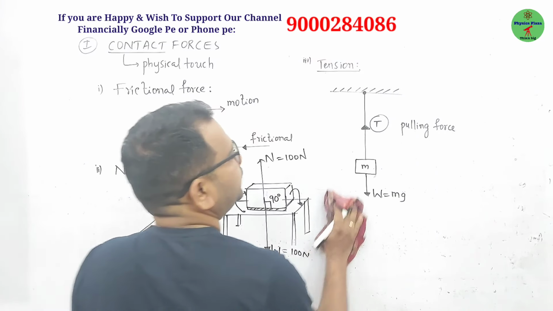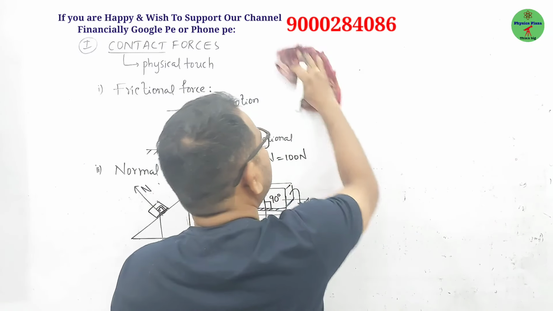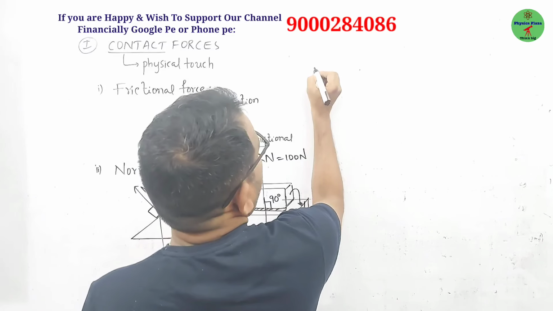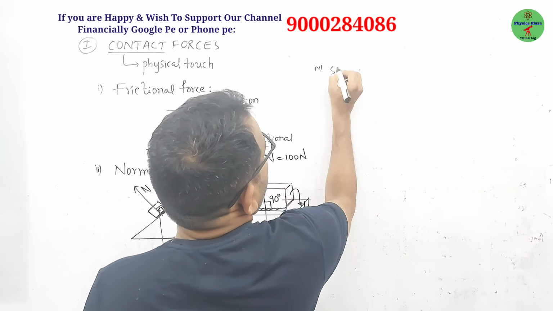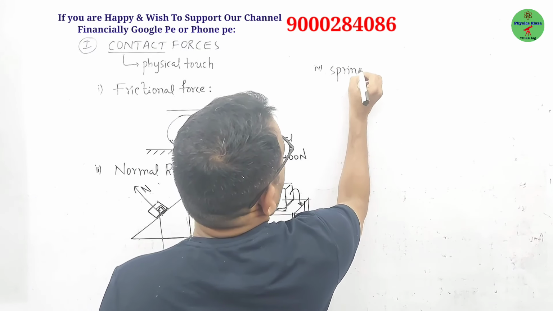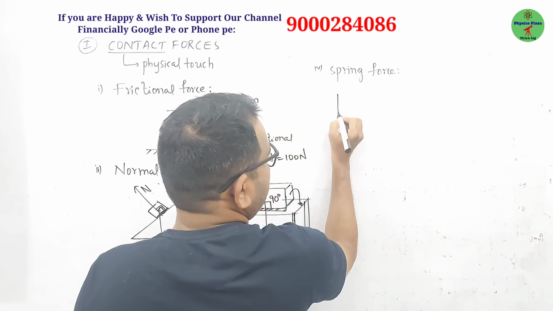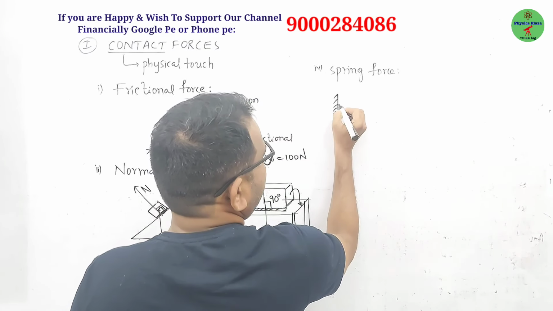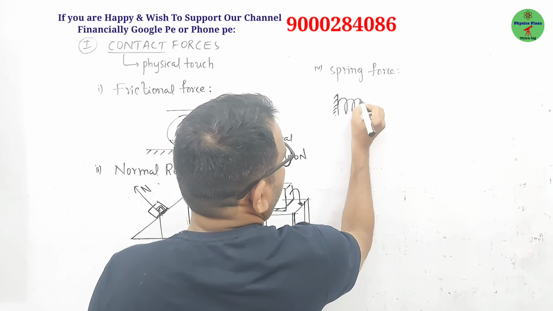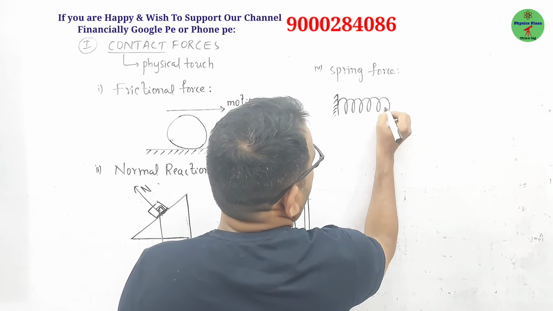Okay, now done. Fine. Spring force. The fourth one is spring force. Okay, yes, spring force. Suppose, dear children, let us take three conditions. Here is a spring in a normal condition.